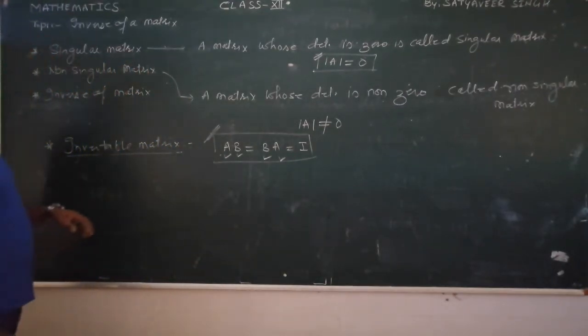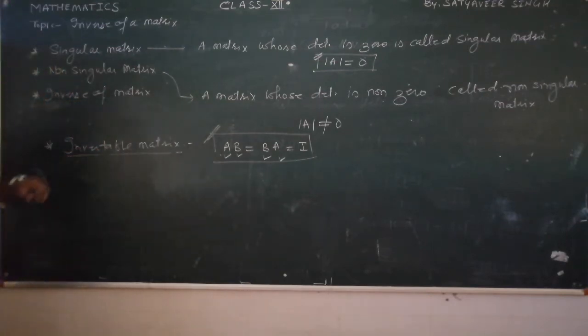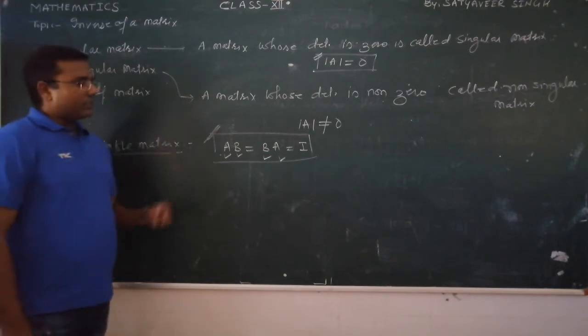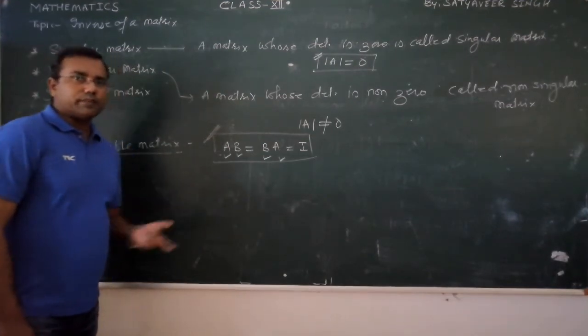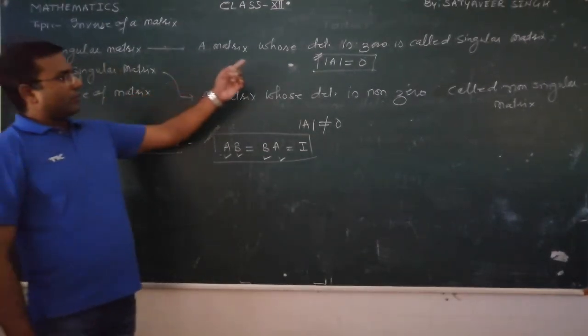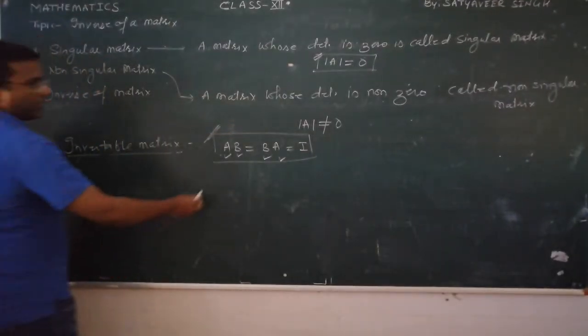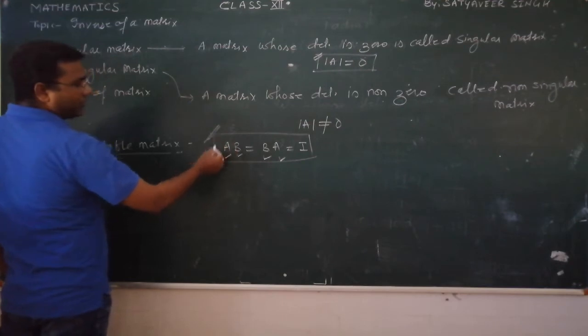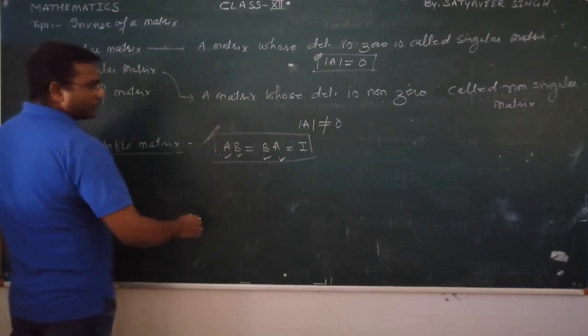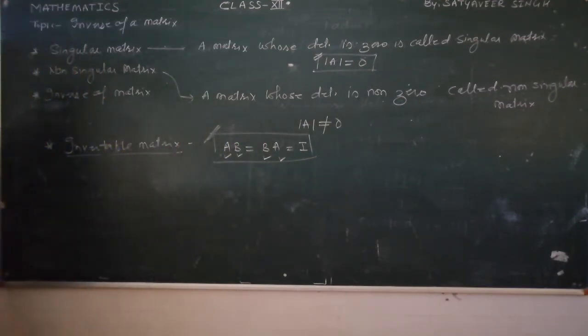See now student, here we will find the inverse using the determinant, but before that, it is a necessary condition for finding the inverse of a matrix that the determinant of the matrix is not equal to 0. Because if you find the determinant of a matrix and it is equal to 0, then we cannot find the inverse of the matrix.